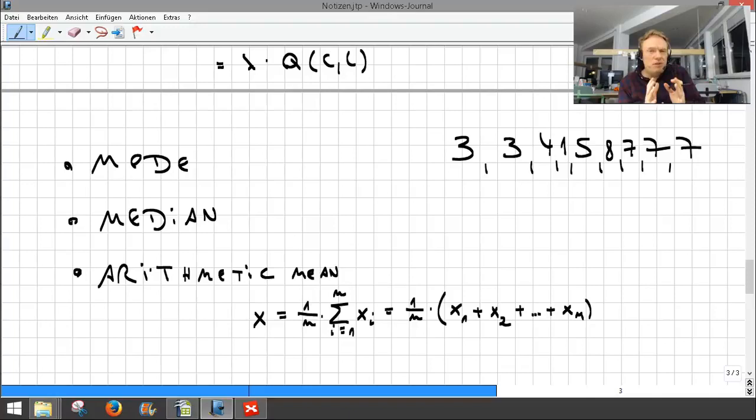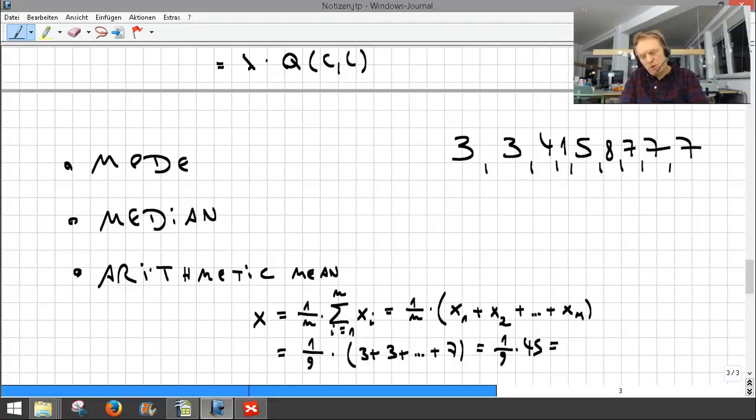You don't need to put those numbers into order at all. You just add them, you just get the sum, you just multiply with 1 over n, which is 3 plus 3 plus 4 plus 1, and so on, which is 6, 10, 11, 16, 16 plus 8 is 24, 24 plus 3 times 7 is 24 plus 21, 45, 45 divided by 9, so it's 1 over 9 multiplied by 45, which is 5.